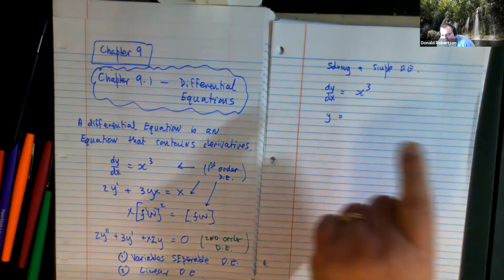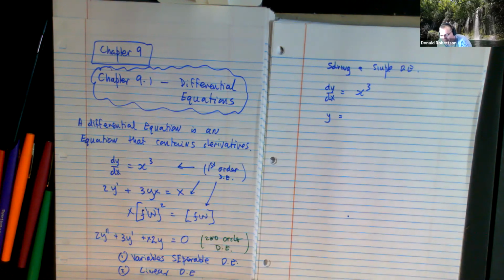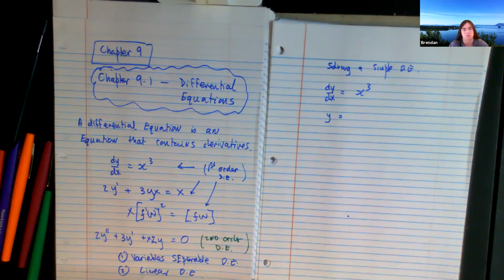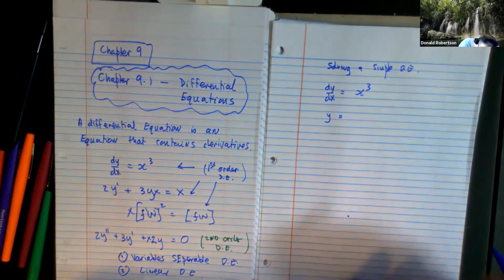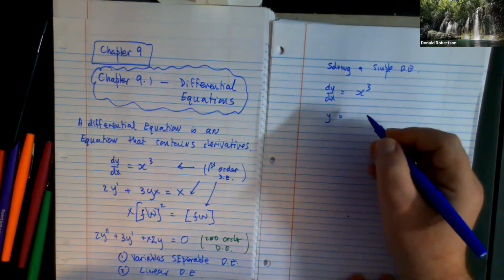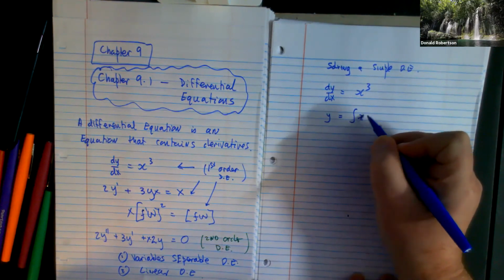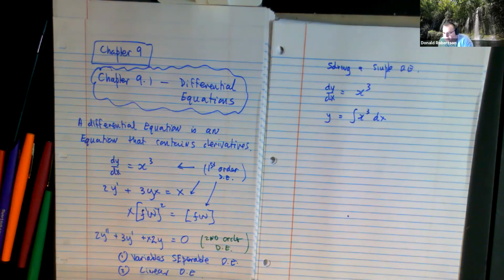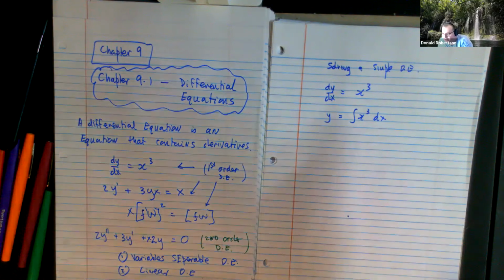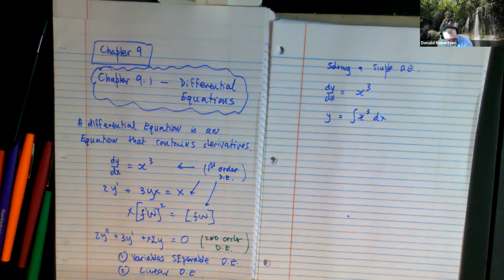I know the derivative of something is x cubed. How would I find the something? Maybe by taking the integral. You do. So in simple differential equations, which these are, they'll be first order, but they could be higher. You would integrate. Does that seem reasonable? That you're basically undoing a derivative, right? So undoing it is integrating.